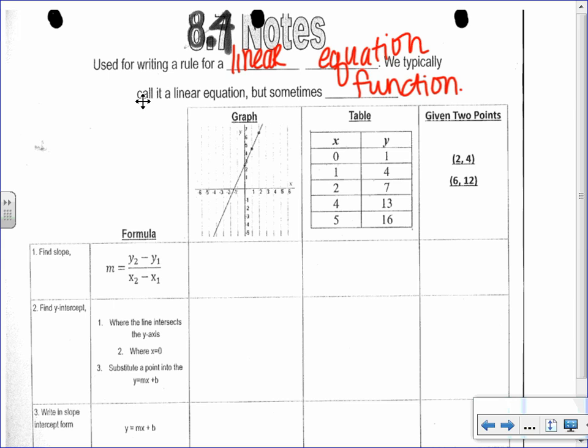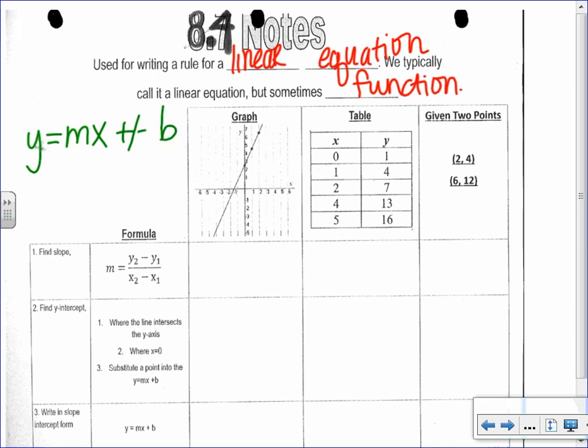Okay, so when we talk about it, we talk about it in terms of y equals. It's always y equals. M being slope, just like from yesterday. Don't ask me why they use M. X, you always multiply it by some x. Plus or minus, depending.